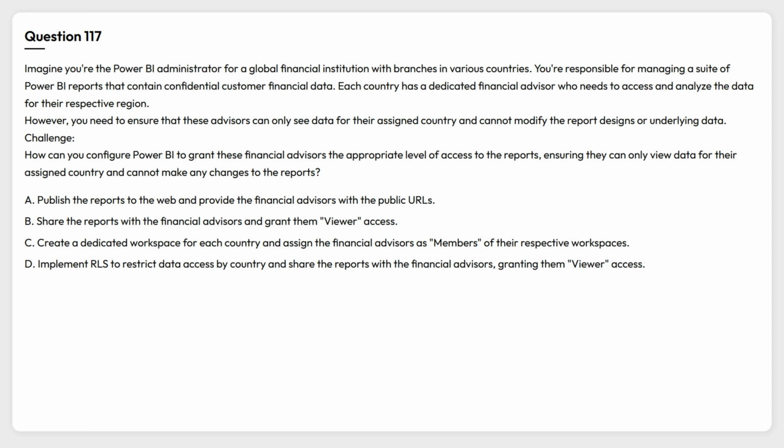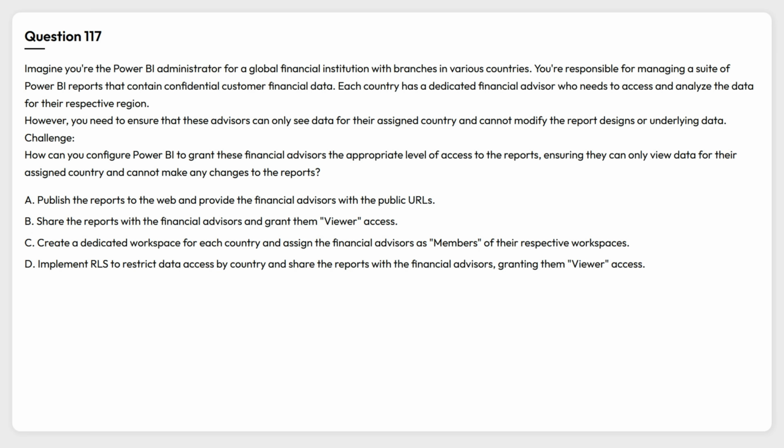Challenge. How can you configure Power BI to grant these financial advisors the appropriate level of access to the reports, ensuring they can only view data for their assigned country and cannot make any changes to the reports? Option A. Publish the reports to the web and provide the financial advisors with the public URLs.